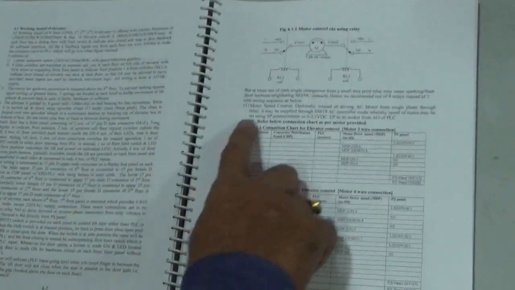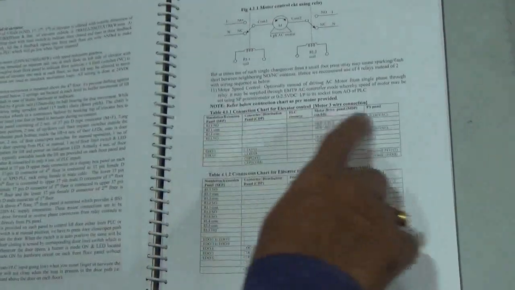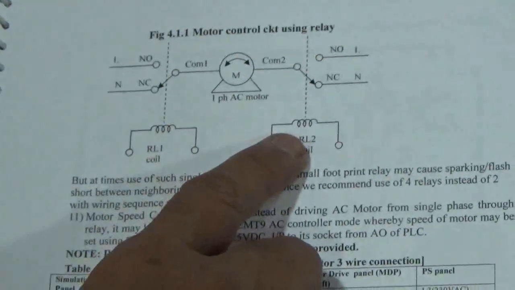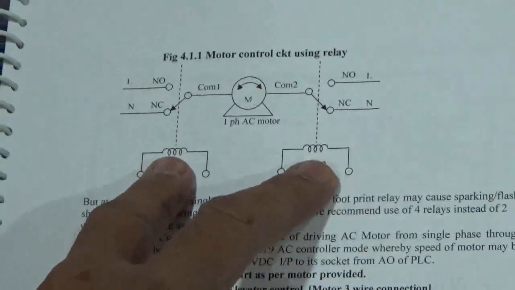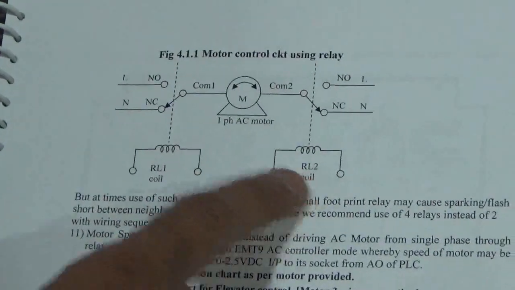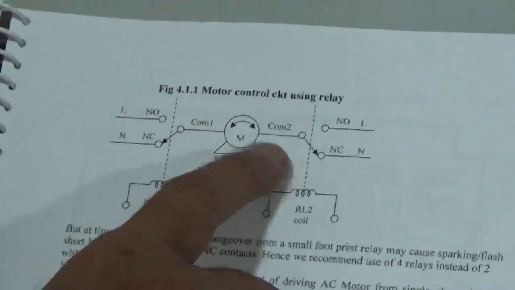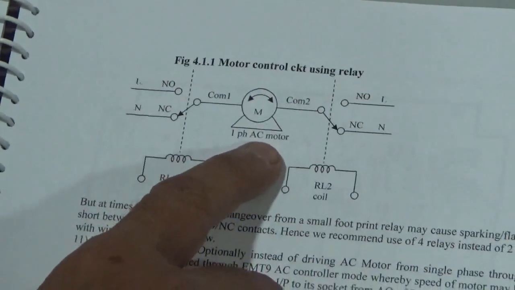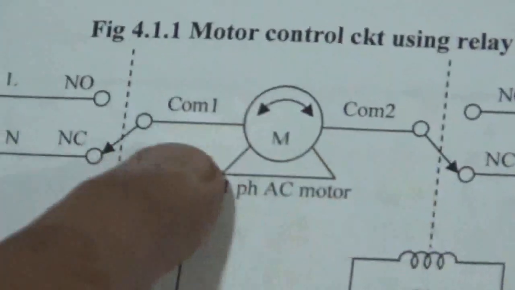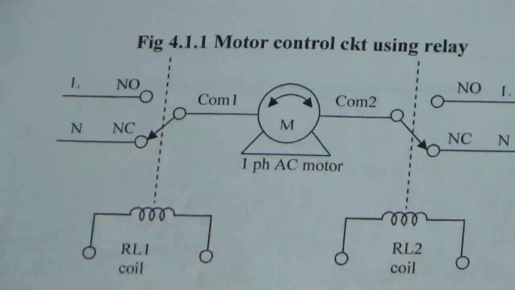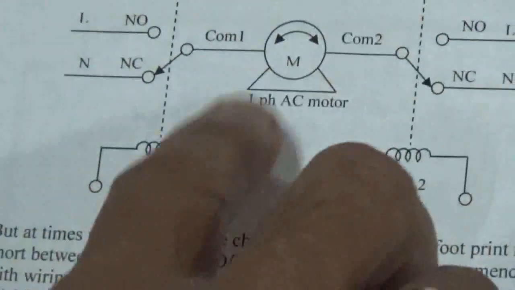And this is the wiring connections, and this is a motor control circuit using relays. Here we are using two relays, a first relay and a second relay, so that your single phase AC motor will run in clockwise or anti-clockwise direction. By using these two relays we can rotate the motor clockwise or anti-clockwise.